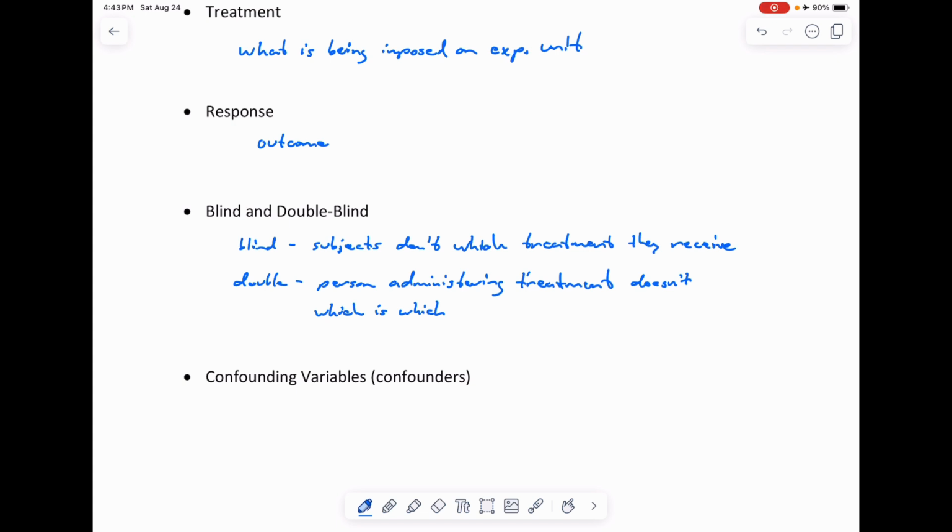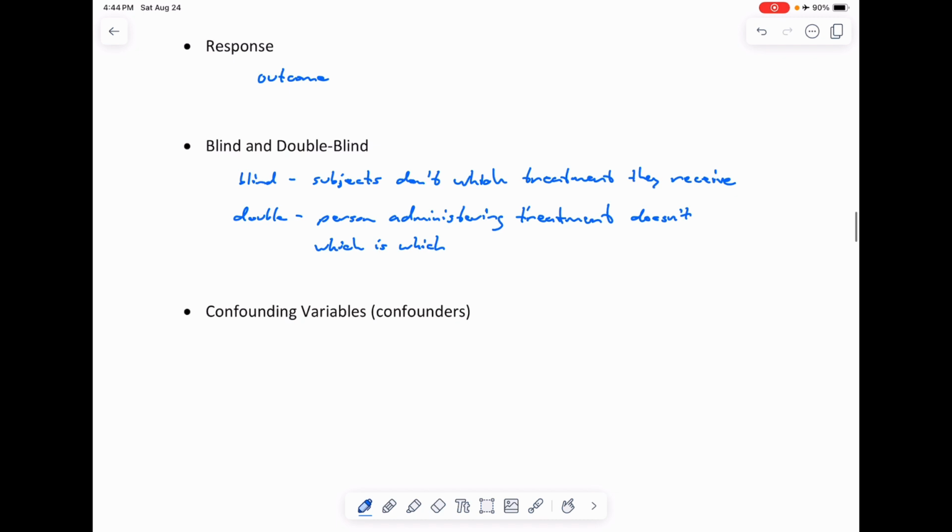Double blind isn't always critical, but it helps keep everything very objective. Obviously, the person behind the screen is going to know which one is which. They're going to know that the people in room A got the drug and the people in room B got the placebo, and so on. So somebody knows, just not the person actually handing it out.